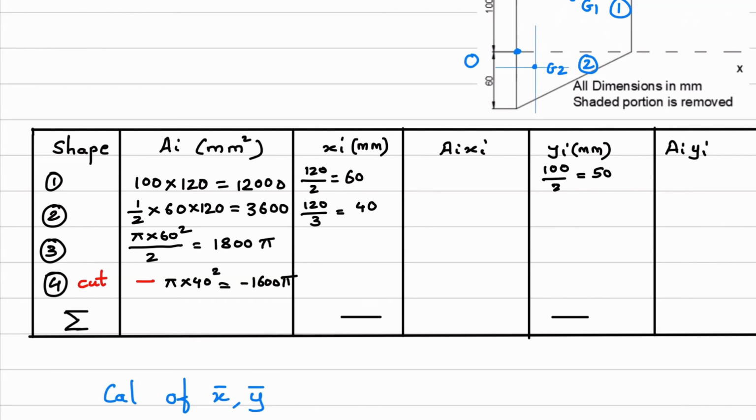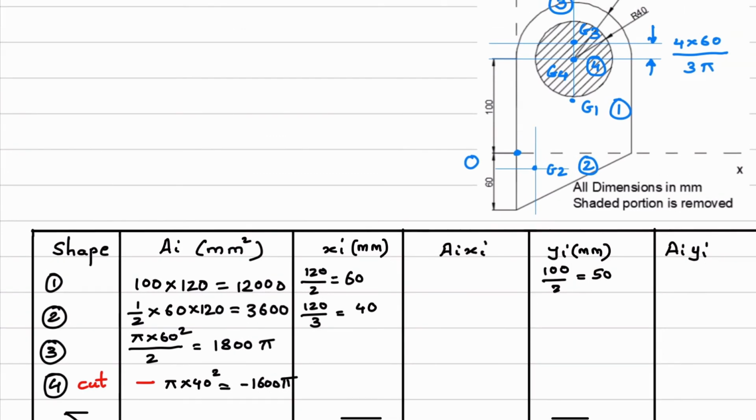And y distance, since it is downward direction, it will be negative. So minus, and the total, this distance is 60. So this part will be 60 by 3. So y2 is equal to minus 20.